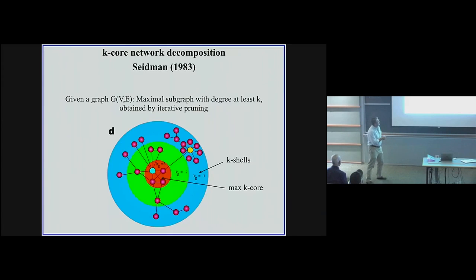Here's the basic idea: if I want to find out the particles that are in the 1 core but not in the 2 core, then I can determine that by pruning away the particles with 1. And each time if I prune away a particle with 1, this one then has just 1, so I have to prune it again. So there's this constant pruning such that I get a structure where it has K contacts mutually with others in the same set. Okay, so that's the concept of the K-core.